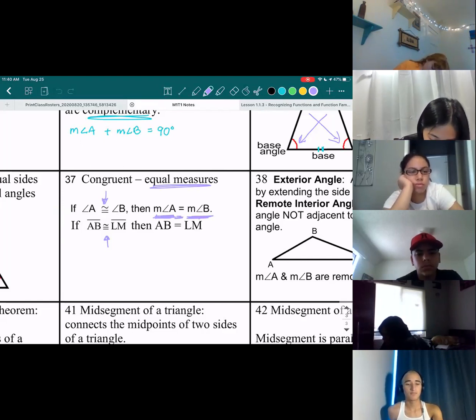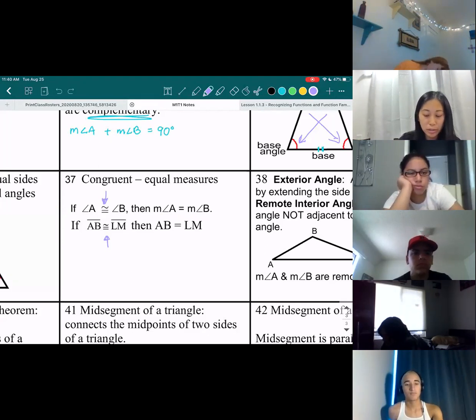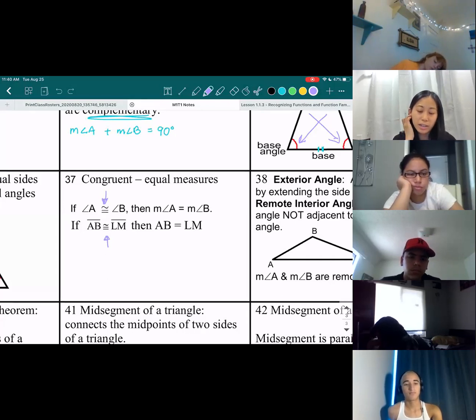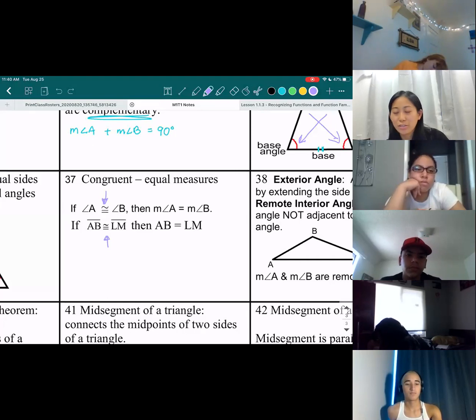Then on the bottom one, if line segment AB is congruent to line segment LM, then the length of AB is equal to the length of LM. That's what it says. I think most of you already knew this before. It's just writing it out again for you, just in case you need it for the test if you blank on it.